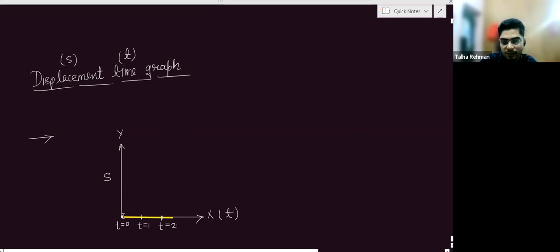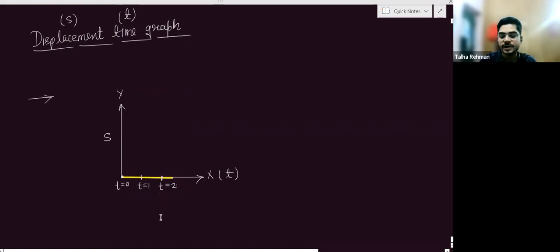At time equal to 1, the displacement is 1. At time equal to 2, the displacement is 2. So what is the meaning of that? Displacement is changing uniformly with time.